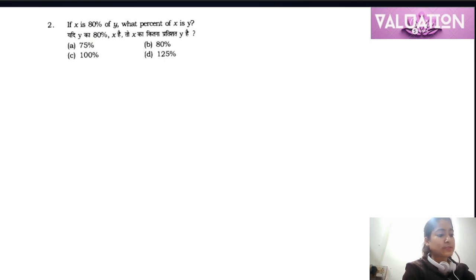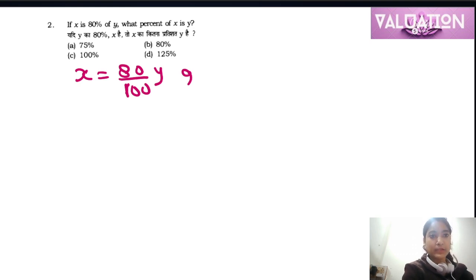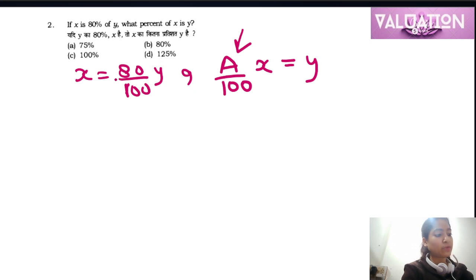In this question it says, if X is equal to 80% of Y, then what percent of X is Y? We don't know the percent, so let us suppose A percent. So A percent of X is equal to Y, and we have to find the value of A. From here we know X is equal to 80 Y divided by 100.